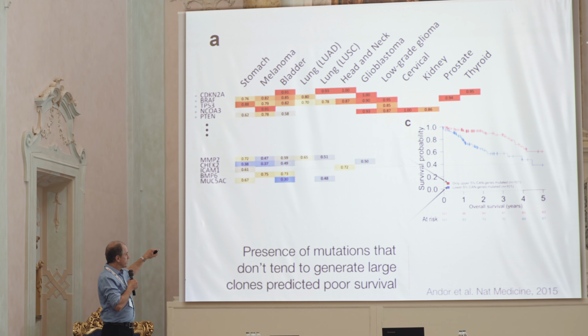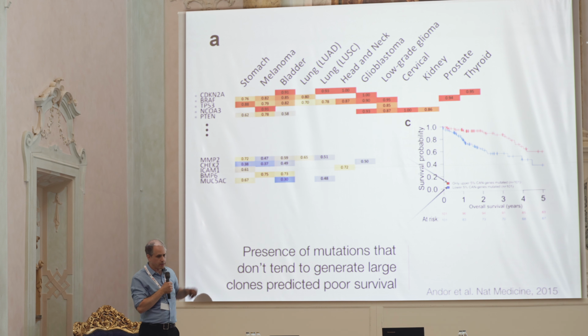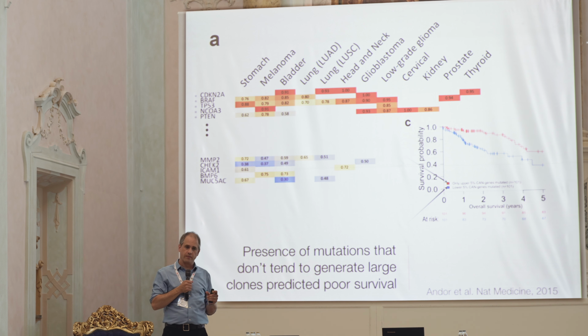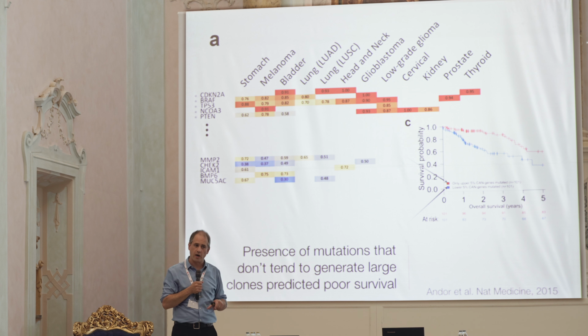So one of the things we just discovered and didn't expect to see ahead of time is in that Kaplan-Meier curve that if a tumor has a mutation that typically shows up only in a smaller clone, those were more deadly than tumors that only had mutations that showed up in larger clones. Right? It's an open question why that is.